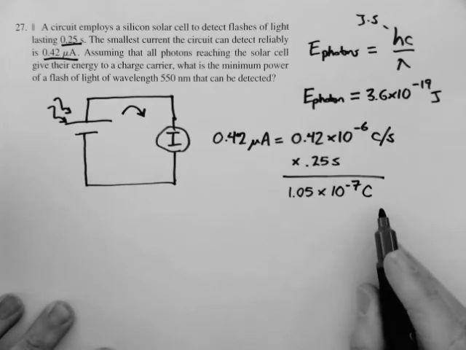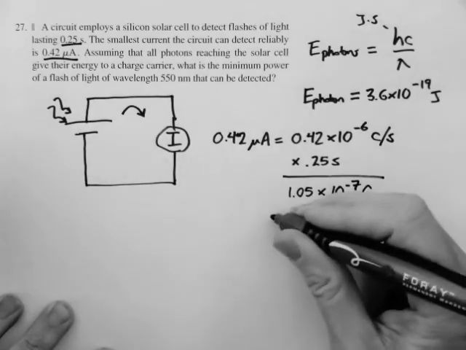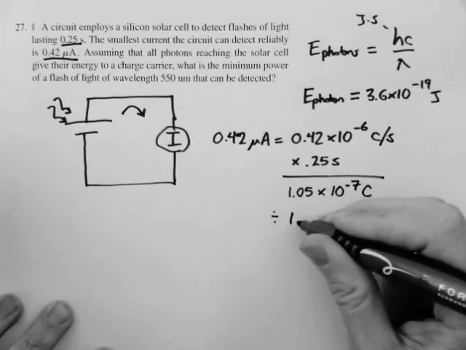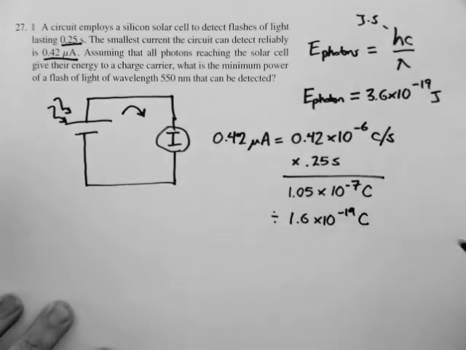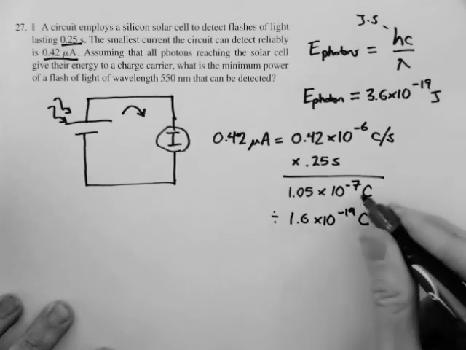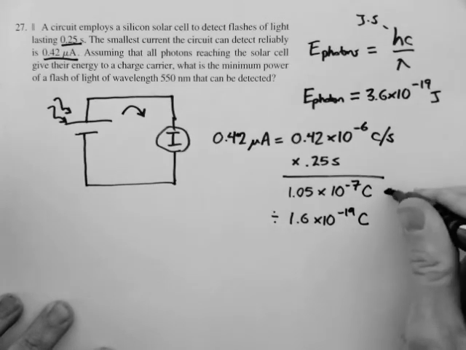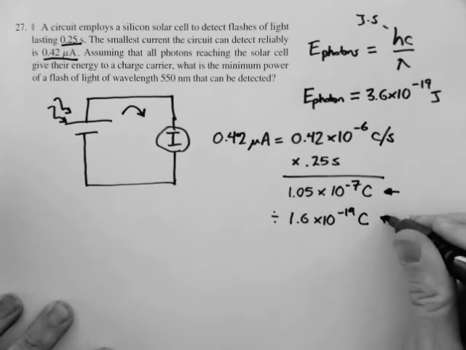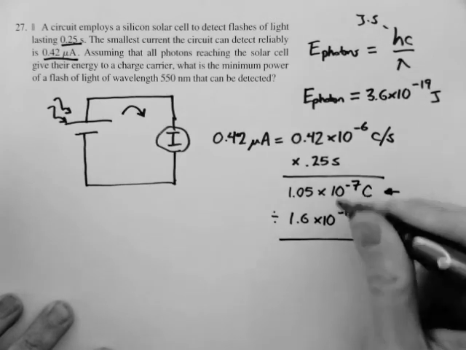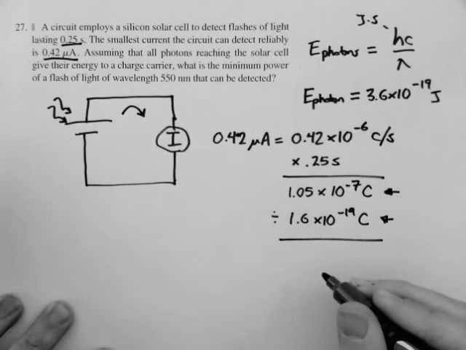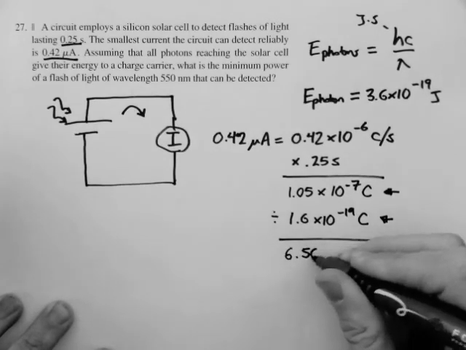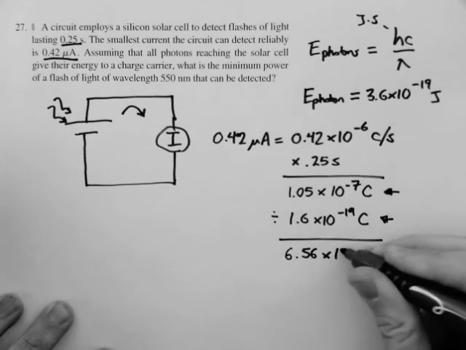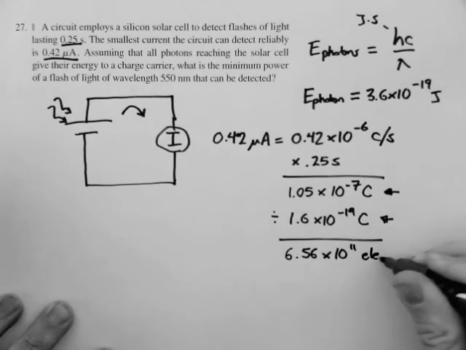Now, we can also figure out how many electrons this corresponds to. This is how many coulombs, but if I divide by the charge per electron, and each electron, of course, corresponds to 1.6 times 10 to the minus 19th coulombs, that's the number of coulombs per electron. So if I take this number, which is the charge that flows, and I divide by this number, which is the charge on the electron, this divided by this gives me 6.56, and I'm going to keep an extra significant figure, times 10 to the 11th electrons.